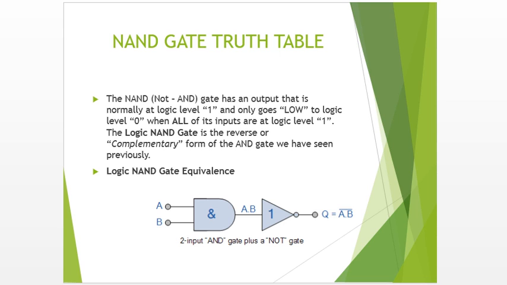The logic NAND gate is the reverse or complementary form of the AND gate we have seen previously. And this logic NAND gate is equivalent to a 2-input AND gate plus a NOT gate.